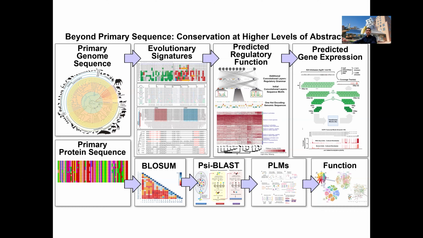So the key idea is that we can get at something that's closer and closer to what selection actually is acting on. If you change a single nucleotide in a protein sequence that doesn't change the protein translation, selection is blind to that change. And therefore that change will be tolerated. Everybody with me here?